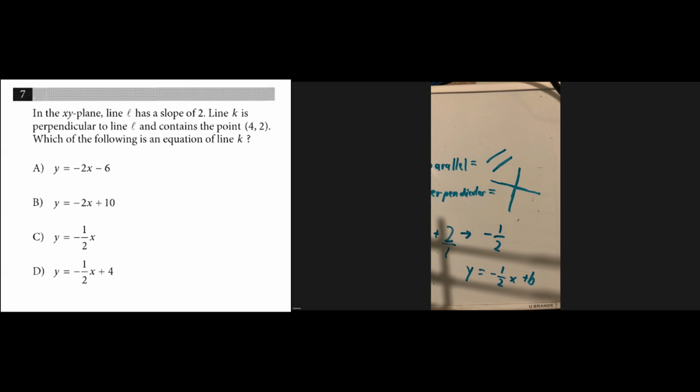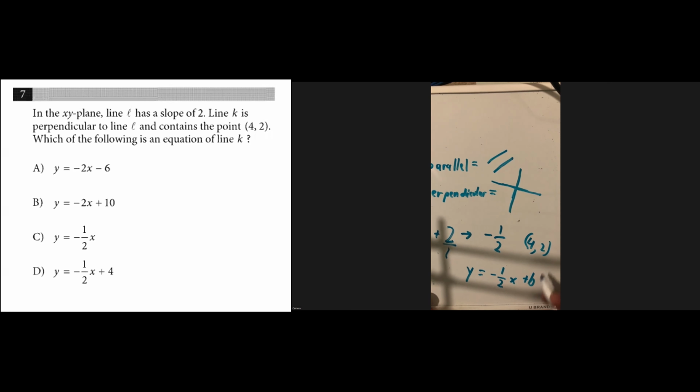And so we're given that it contains the point 4, 2. So we know that since it has a negative slope, when you go on the x-axis back to the origin, that means you have to go left 4, so your y value has to increase, which means it has to be greater than 2.